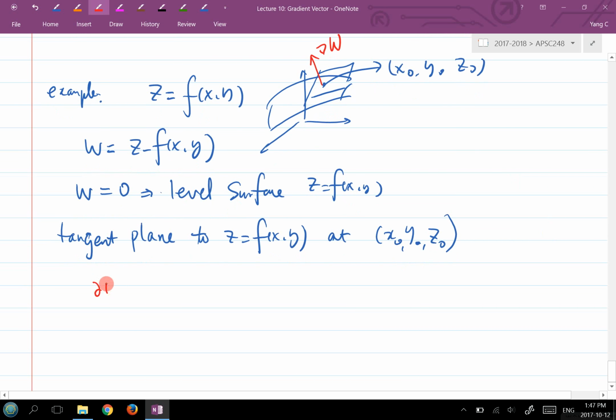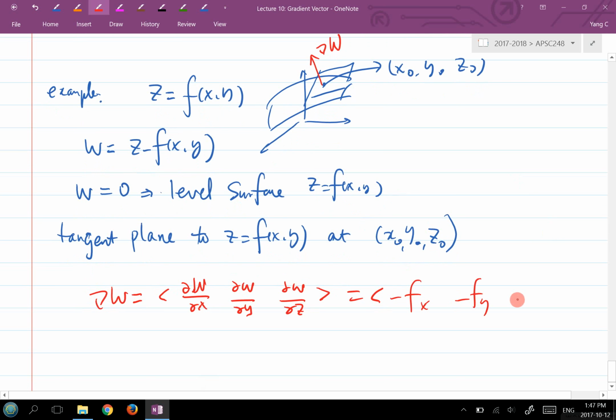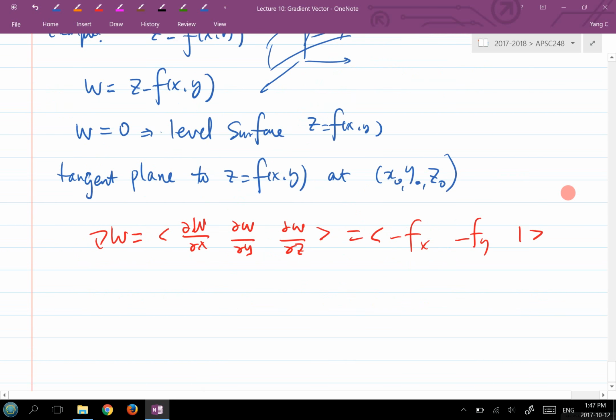Del w equals partial w partial x, partial w partial y, partial w partial z. So what do we end up with? Here's w, so negative fx, negative fy, and then 1, right? Finally, substitute x naught, y naught, z naught into this del w.